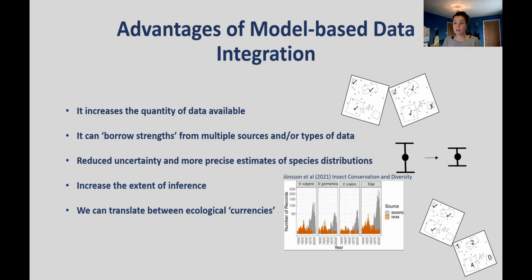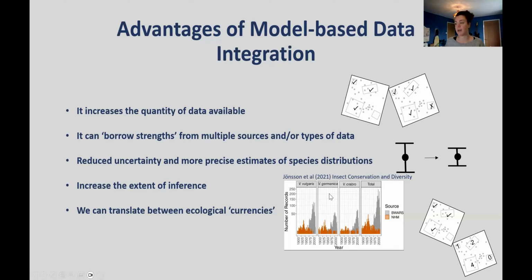So we can borrow strength from both data sources. We can also reduce the uncertainty in the estimates and produce more precise estimates of species distribution or abundance or whatever your quantity of interest is. And it does this as a combination of increasing the sample size because we have more data, but also by partially accounting for some of the biases that are in the different data sets. We can also increase the extent of inference.